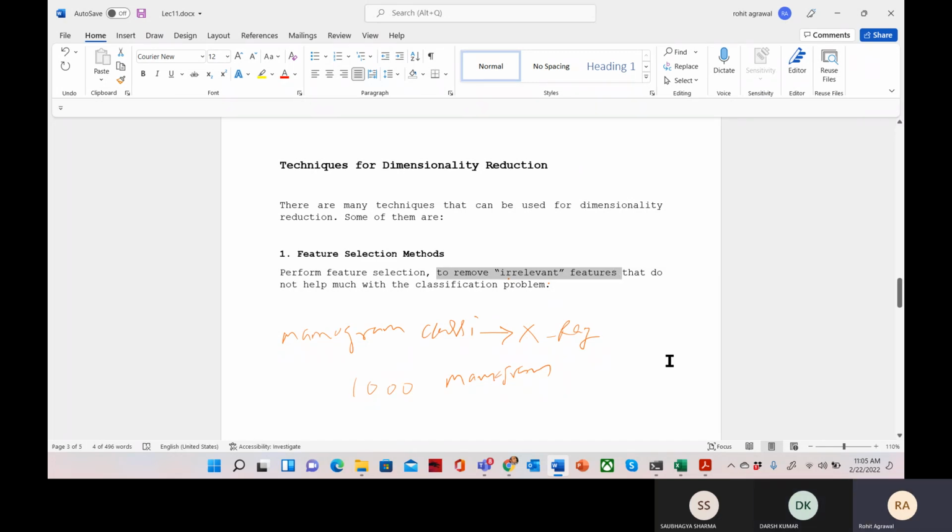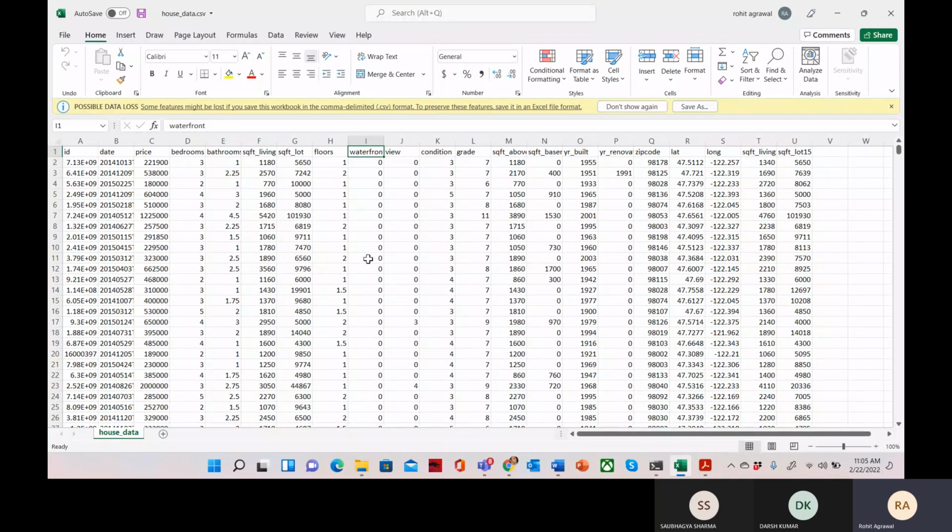Yes, sir. Suppose we are talking about this example. There may be some irrelevant features. Suppose this date ID is irrelevant; bathrooms, number of floors, waterfront, view, condition can be irrelevant features, am I right?